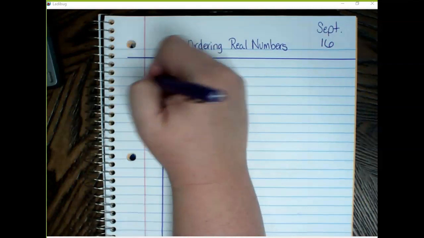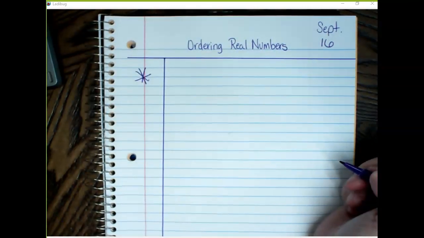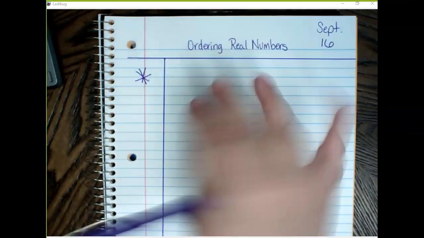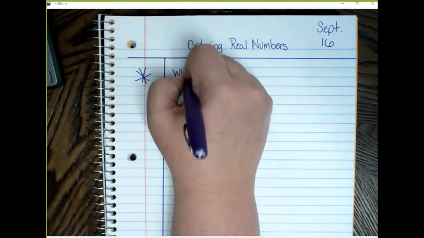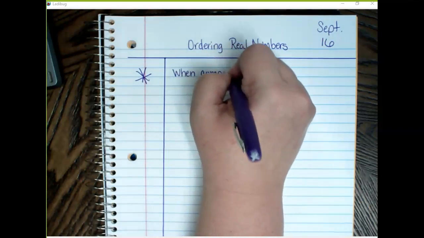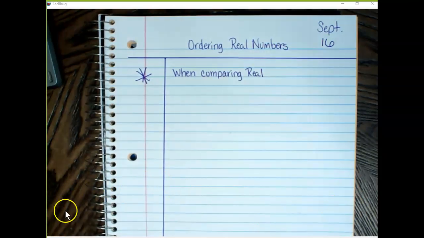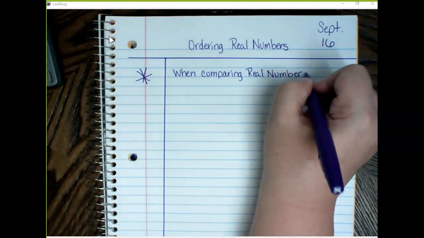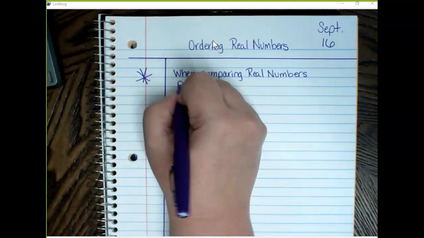So something that we are going to do when we are going to compare real numbers is we're going to put them all in the same form. So that's the first thing I want to write down, my little reminder that says when comparing real numbers, put them in the same form.